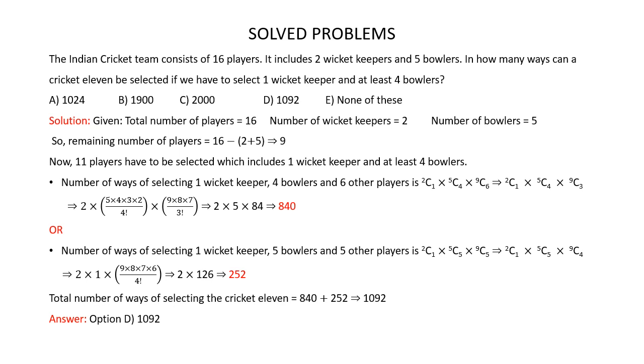Now 2C1 is nothing but 2. 5C5 is nothing but 1. And 9C4 is 9 multiplied by 8 multiplied by 7 multiplied by 6 divided by 4 factorial. Now on solving this we get 126. So now we have 2 multiplied by 126, which is 252.